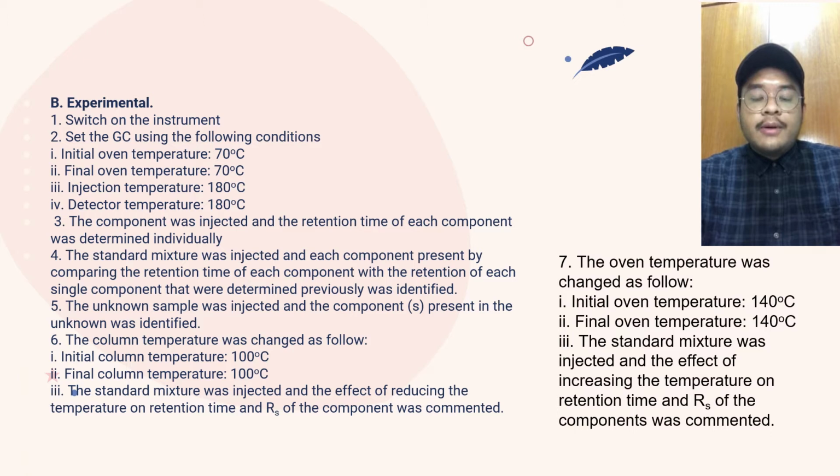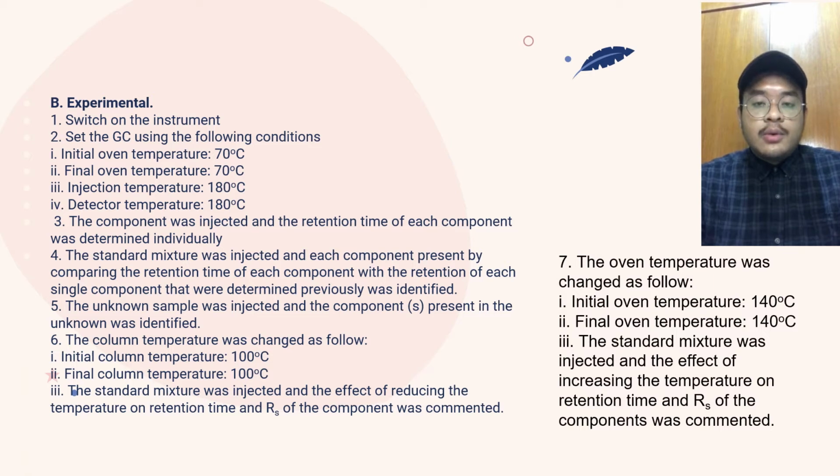Number 5. The unknown sample was injected and the components present in the unknown were identified. Number 6. The column temperature was changed like this. And number 7. The oven temperature was changed like this.